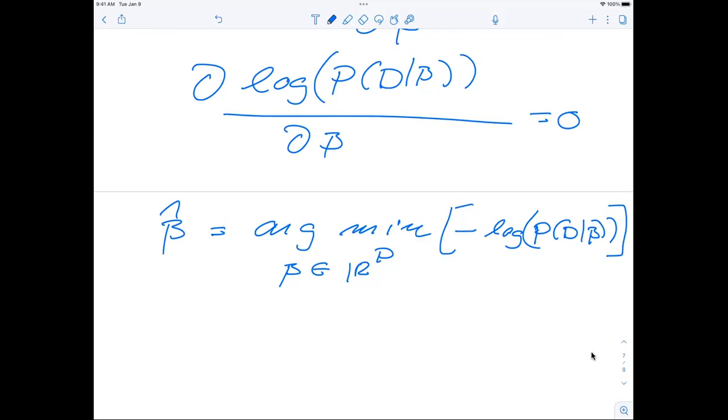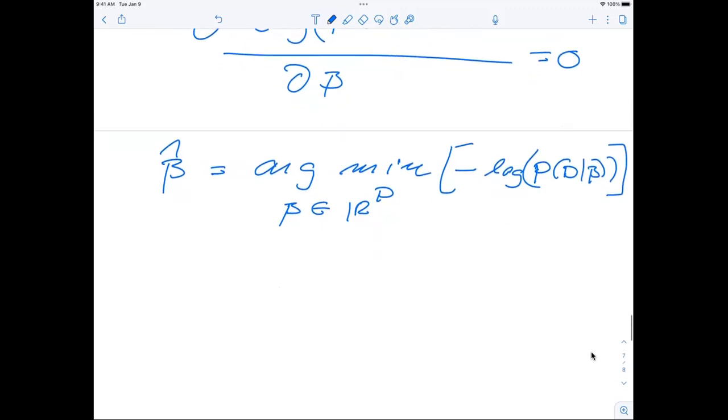If we do that, then what we need to do is to calculate all these nice derivatives. This is going to define our cost function. This quantity here is going to be the cost function C of beta.